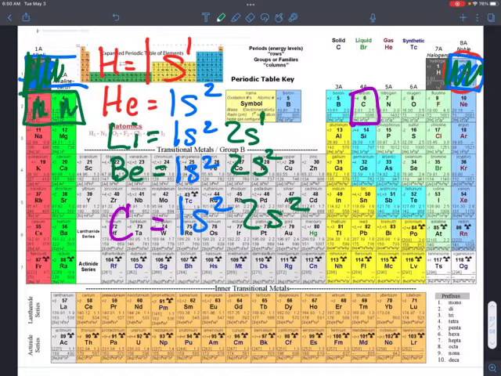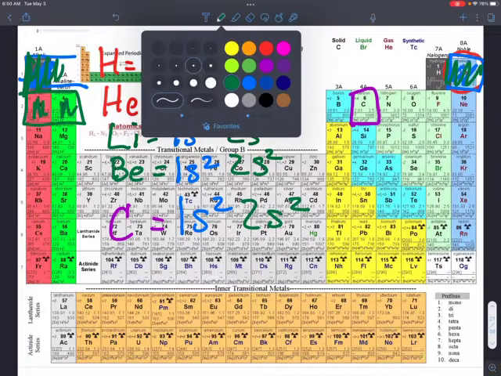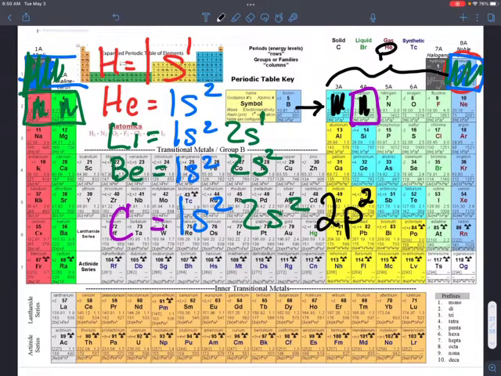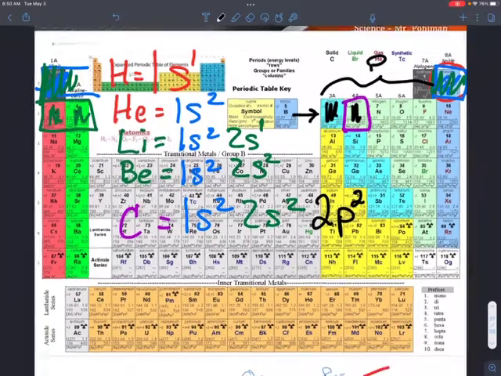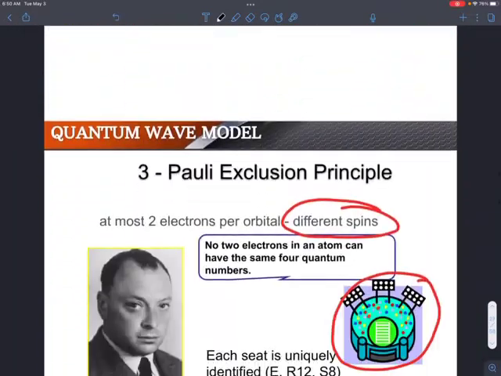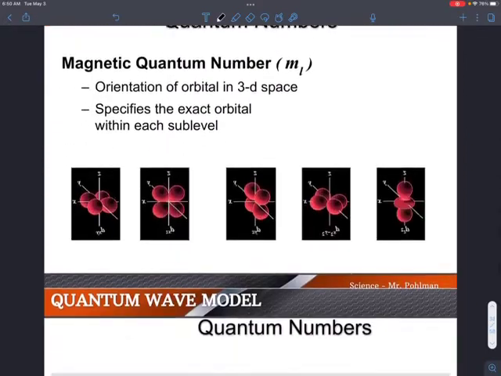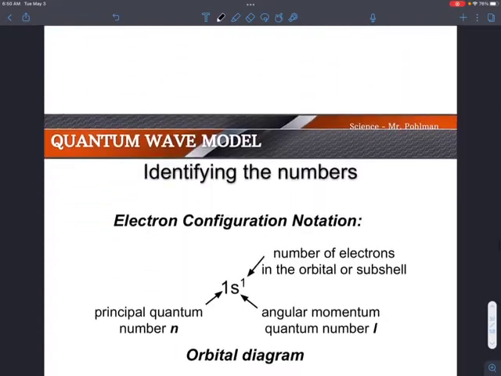And then I'm going to go over to the right, and the right ones, that's going to be that 2p. This is the second row. This is the p block. And I'm going to count 1, 2 electrons. All right? So that's how we write out these notations for the different electron configurations.